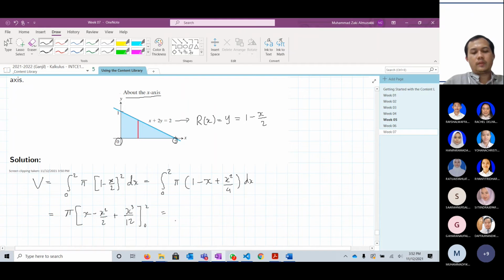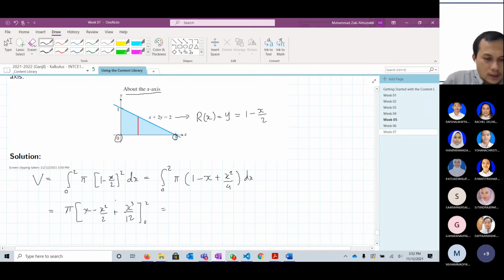So here the volume is, if I put 2 here, 2 minus 2, 0. Here 2 to the power 3, 8 over 12 pi, or if we divide by 4, we have 2 over 3 pi.